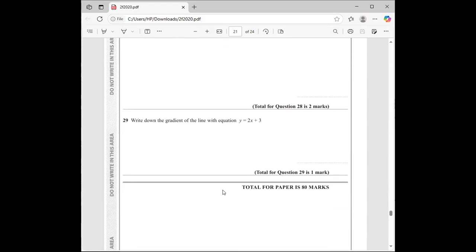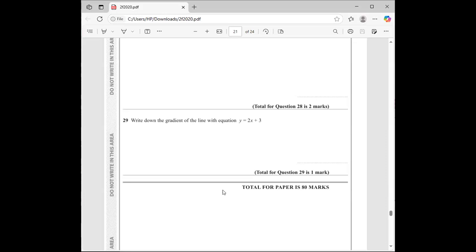It says write down the gradient of the line with equation y equals 2x plus 3. So this depends on your knowledge of mathematical facts. What would you do for this one? Do you remember that time we were talking about intercept on the y-axis? I told you that the general equation for a straight line graph is y equals mx plus c, right?